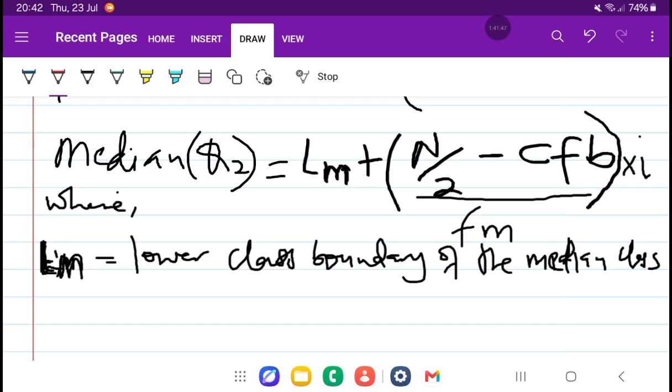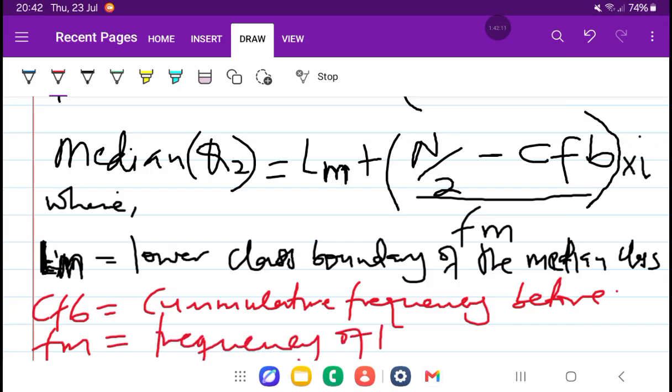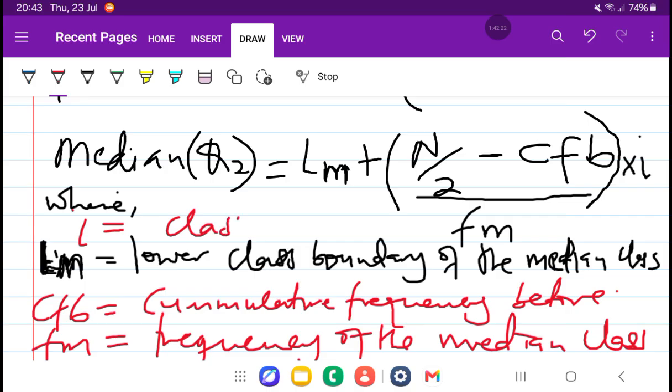Then n over 2, this n over 2 is what I've been explaining. Then the CFB represents the cumulative frequency before. Then Fm represents the frequency of the median class. Then our I represents the class interval or the class width.